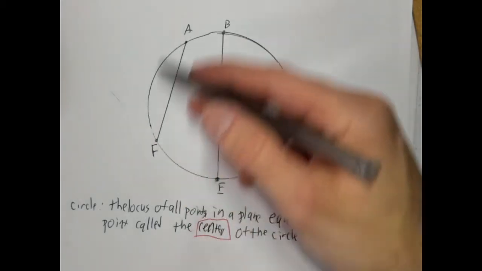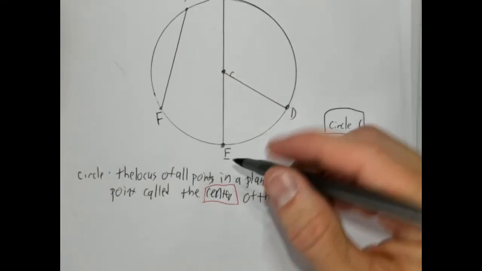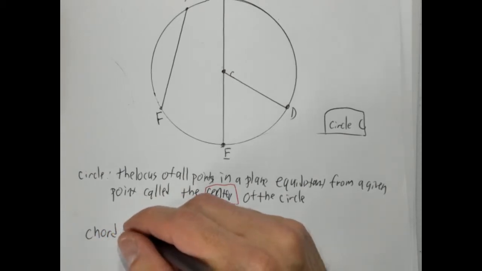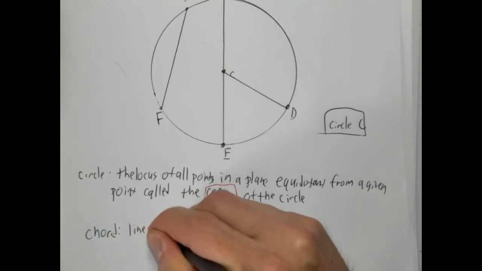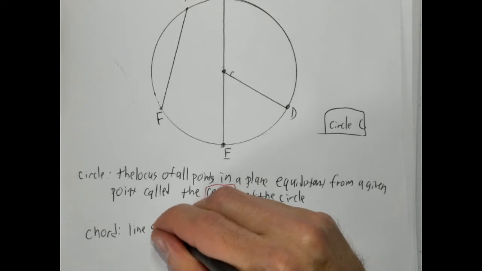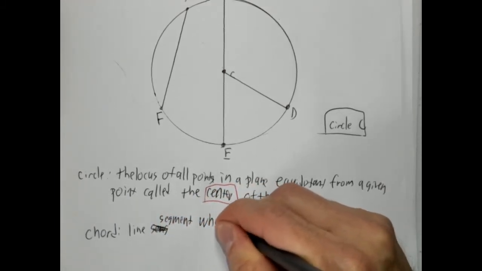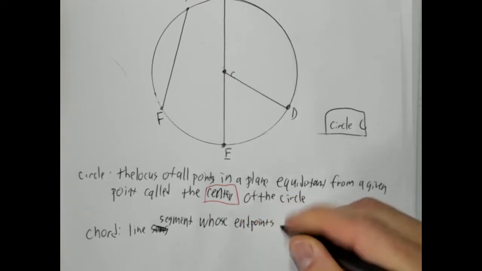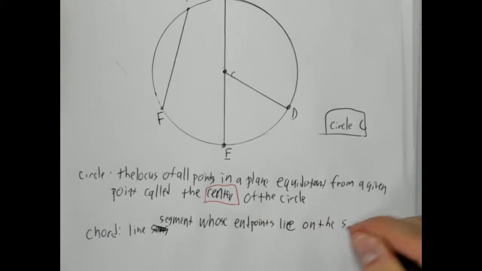Now these things over here, this segment and this segment, are special. We call those chords. A chord is a line segment whose endpoints lie on the same circle.